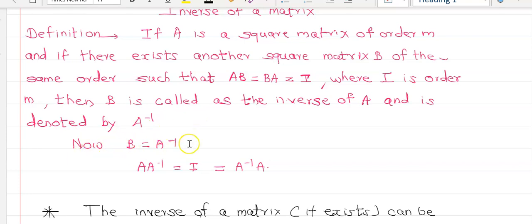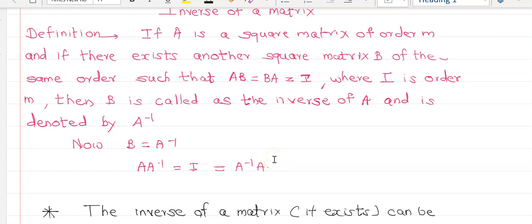Therefore B equals A inverse, and A into A inverse equals I, or A inverse into A also equals I. Therefore, we can find the inverse of a matrix.